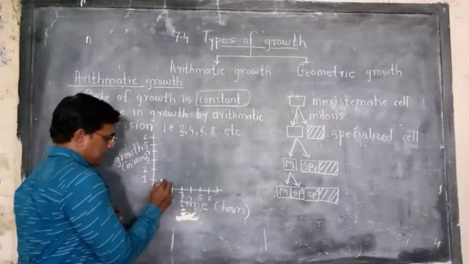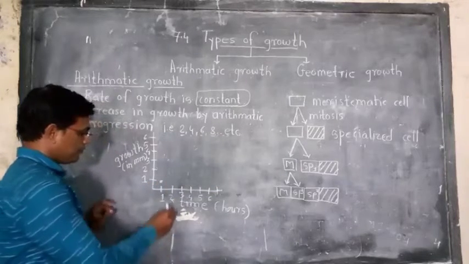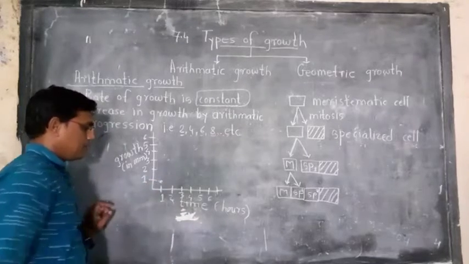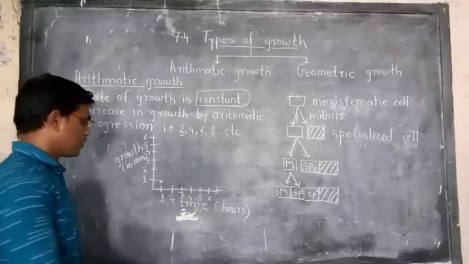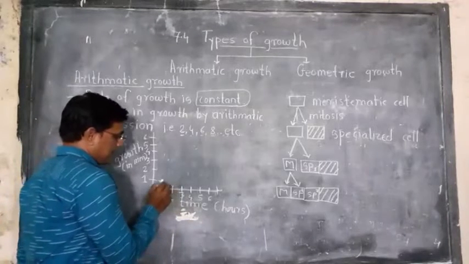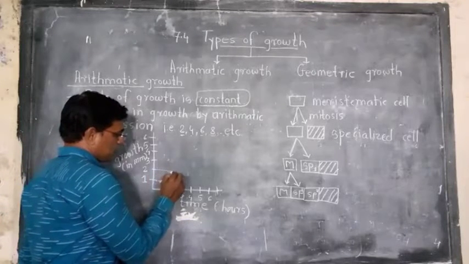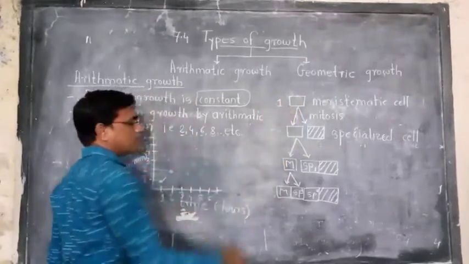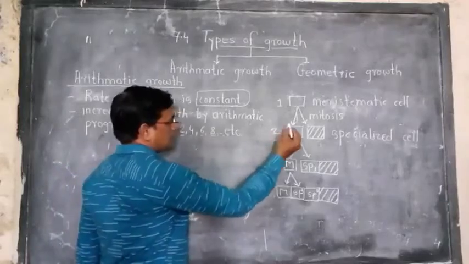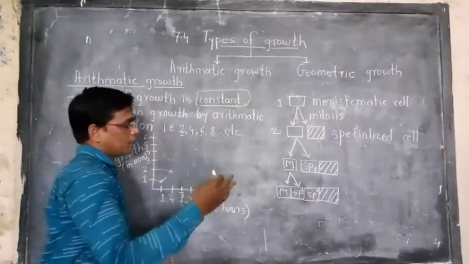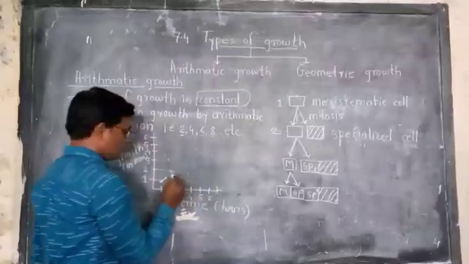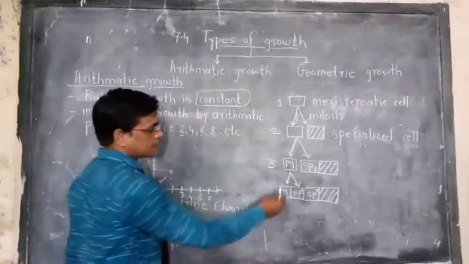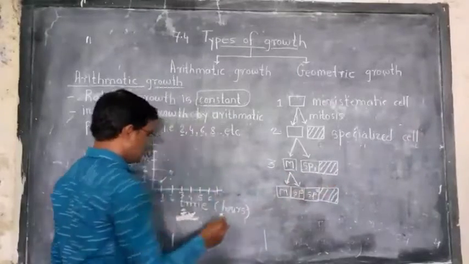If our cell is at this stage, after 1 hour it gives one new cell. After the second hour it gives two cells. After 3 hours, how many cells are there? 1, 2, and 3.